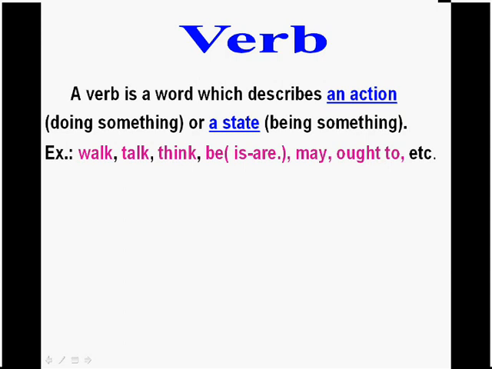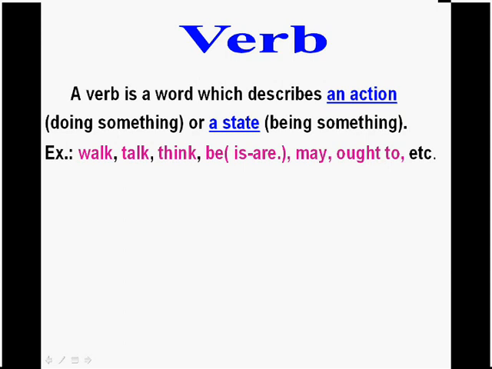So this is an action, which is doing something. Or it can be a state, which is being something. And as examples of verbs which describe a state, we have the verb to be, and of course the verb to be is very famous in English. The examples that we have here are is or are as present, was or were as in the past.